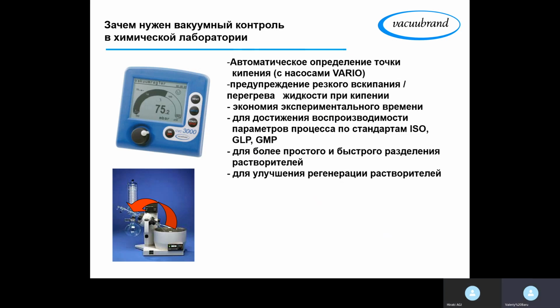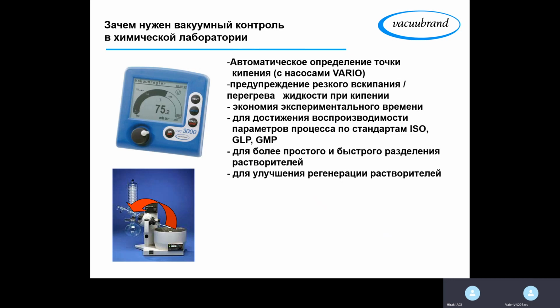And the controller understands that because it sees that the delta P is 0, and it fixes the vacuum. It tells the drive to stop rotating, or decrease the speed of the pump, or close the valve, depending on the type of control of the vacuum controlling system that we have. Very clever.